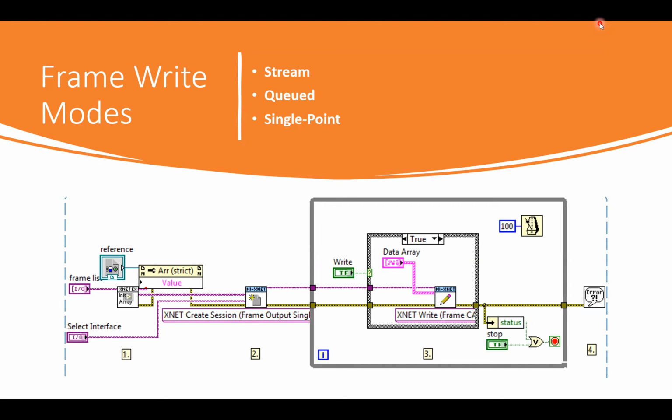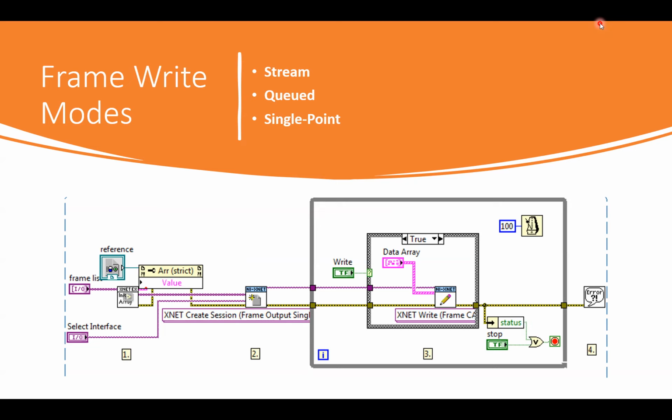So now we have been through the theoretical part, and I've given a separate video where I go through the code walkthrough and explain each and every function as well. When we talk about CAN write mode, we have stream, queued, and single point.